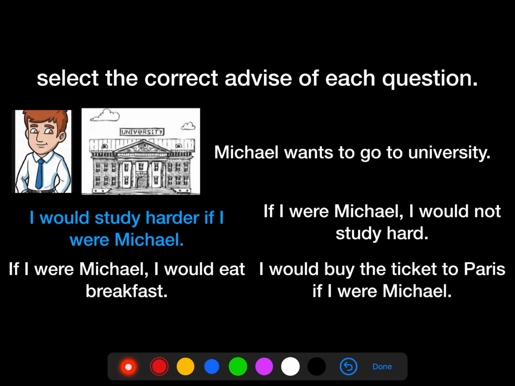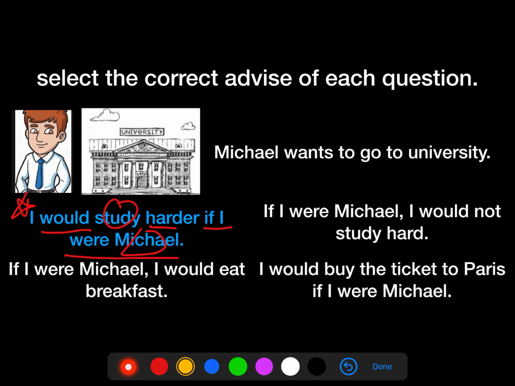The answer is this. I would study harder if I were Michael. So if I were Michael, imagining you are Michael, in order to go to university, I would study harder if I were you. I would study harder if I were Michael.